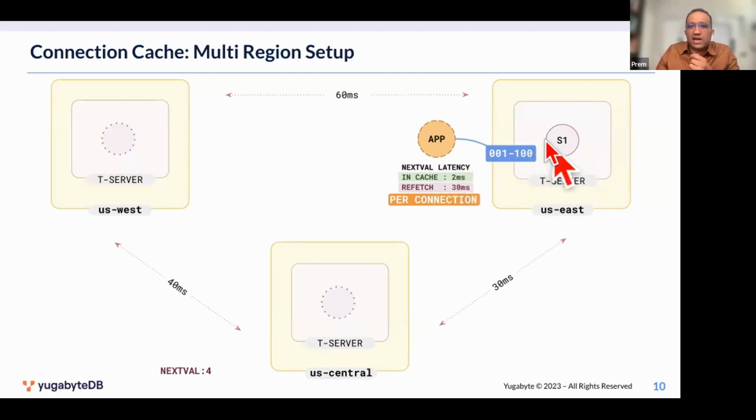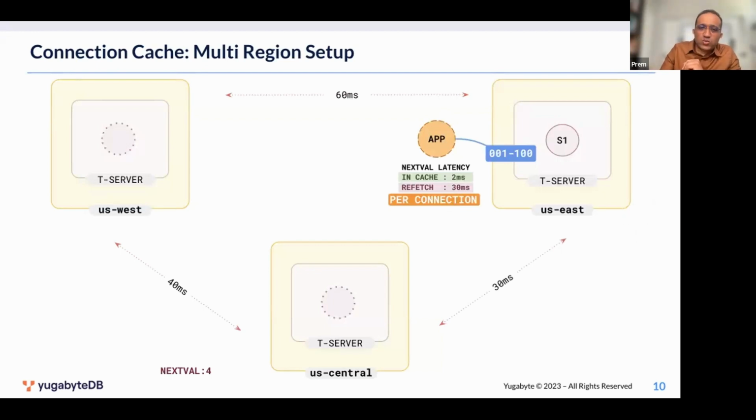It'll write to this particular leader, and that leader will replicate to both the US West and Central. US West is 60 milliseconds away, US East is 30 milliseconds away. So this particular response will come faster, and the refetch will be around 30 milliseconds. Of course, this repopulation of the cache will happen only once every cache size, or in our case, 100.